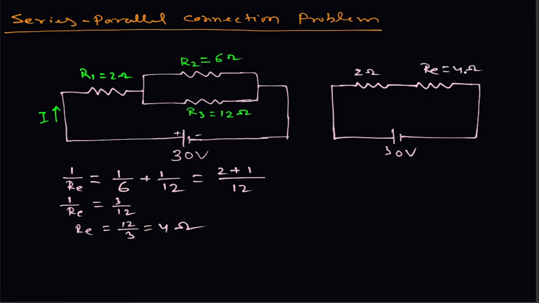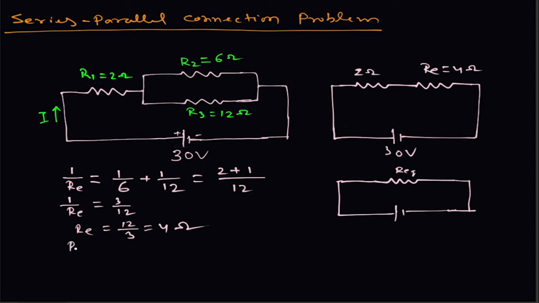Now this 4 ohm resistance and this 2 ohm resistance, that is R1, are in series. So finally the equivalent, let it be REQ, we just have to add up these two series resistances.